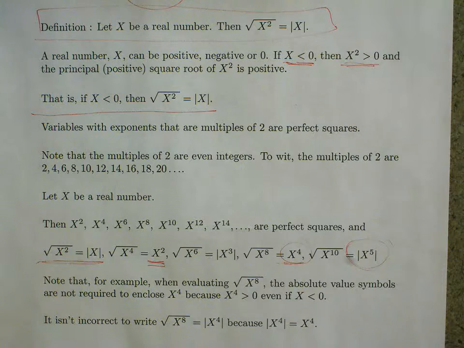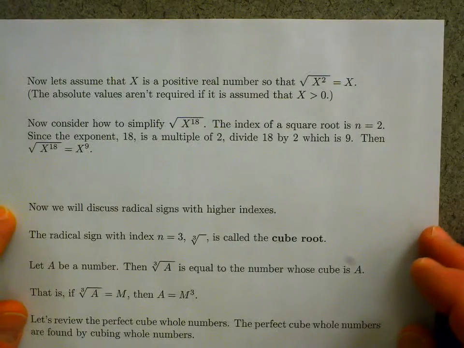Okay, most of the time, when you're working in Newton, just make sure that you read the directions carefully. But much of the time, you're going to be able to assume that x itself is positive so that you won't have to include the absolute value symbols. Okay, that's what we talk about next.